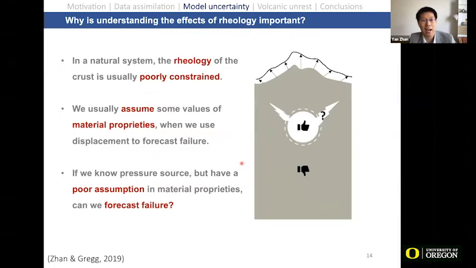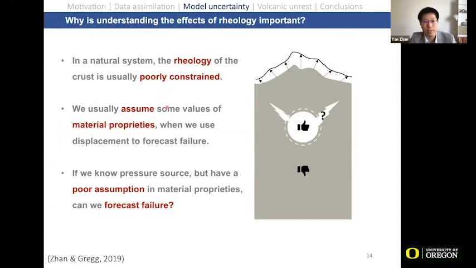So first, why do I want to understand the effect of the rheological uncertainty? In a natural system, the rheology of the crust is usually poorly constrained. Only a few volcanoes in the world have been well constrained by multiple geophysical observations.